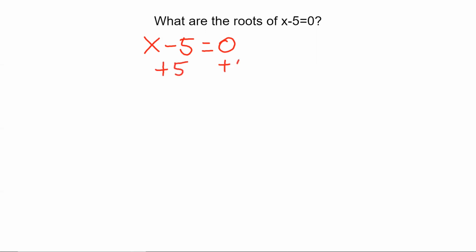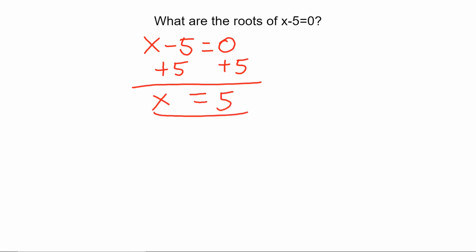This is a pretty easy one. You have the equation x minus 5 is equal to 0. Typically you want to isolate the variable x, and you can do that by adding 5 to both sides of the equation. The negative 5 and positive 5 cancel out, and you get x is equal to positive 5.